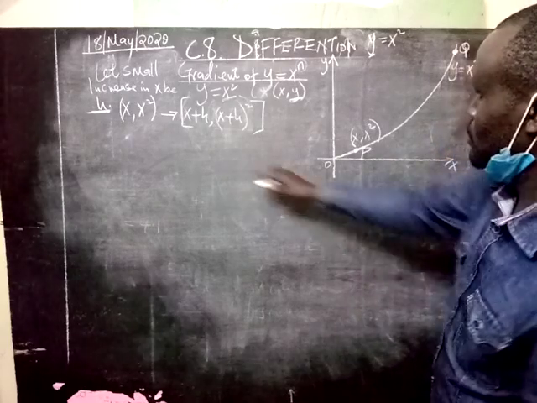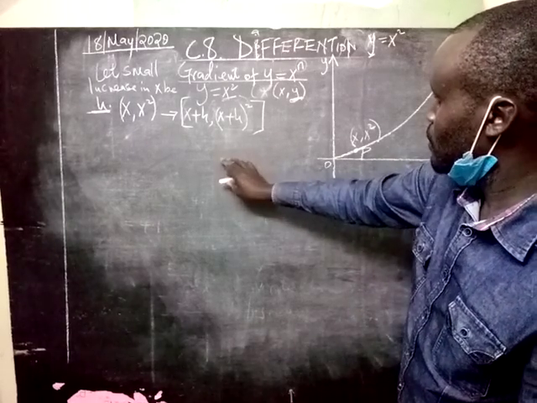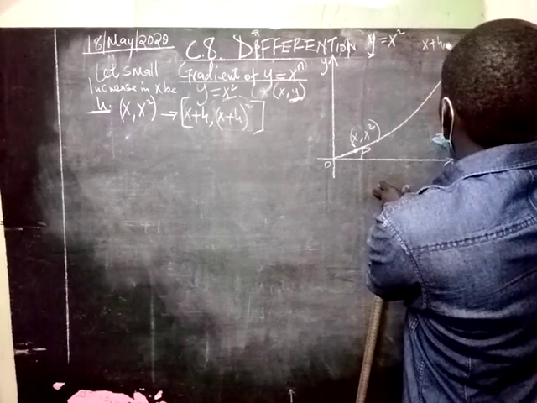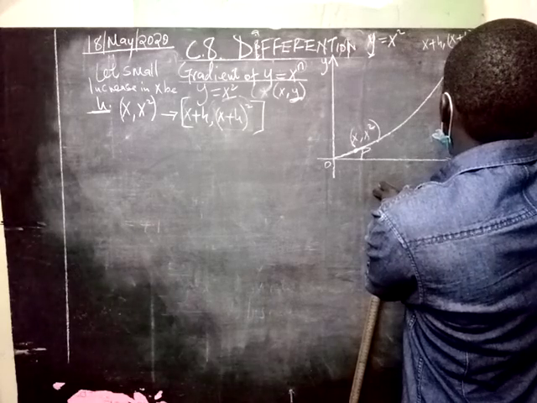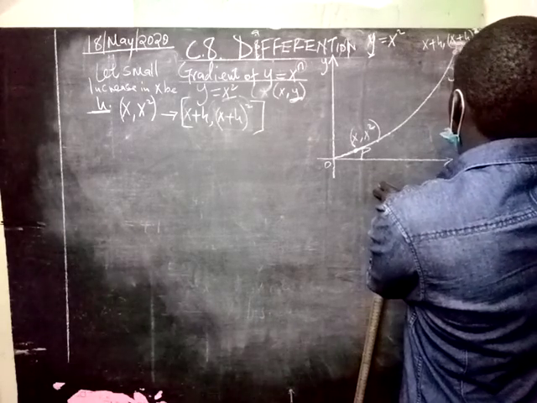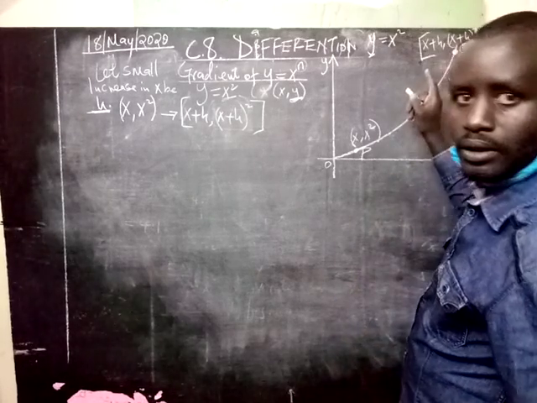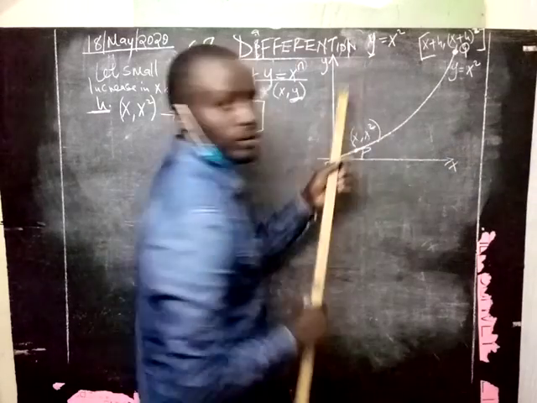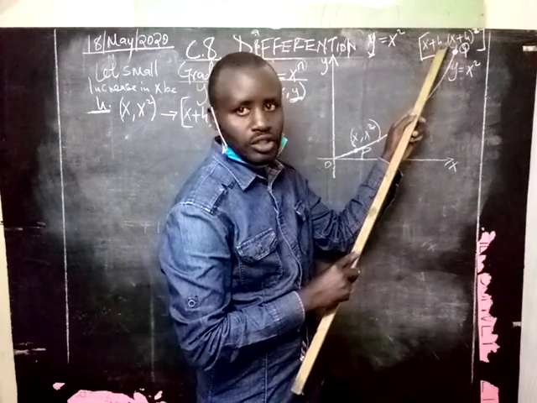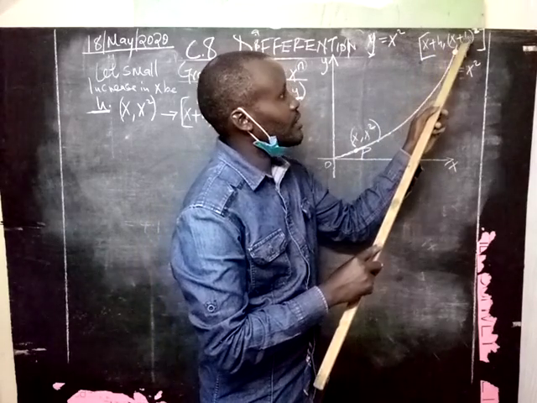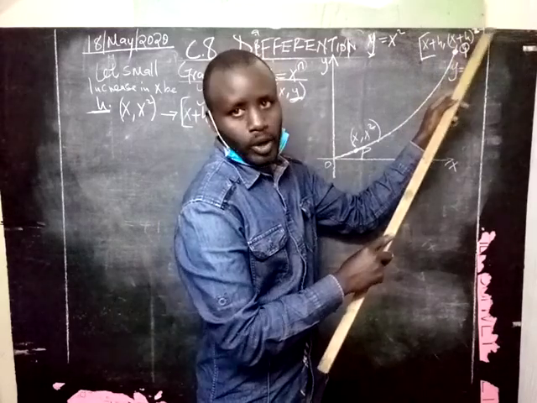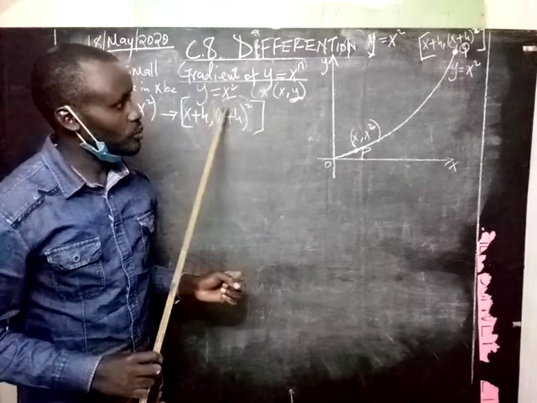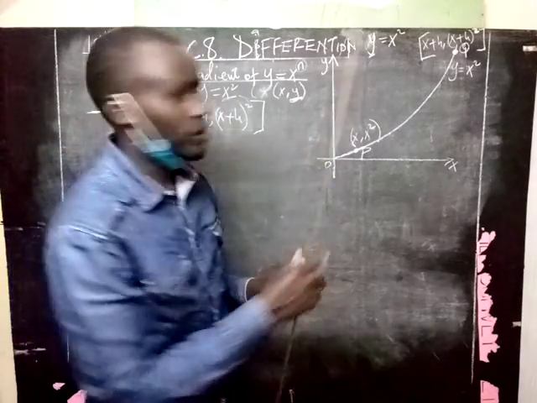So that our new point now is this one, where we have x plus h to (x plus h) squared. I hope you are seeing this. These are our new points. That is why we have x plus h to x plus h, then we close the brackets as we square, because all this, as I did explain earlier in these points. So we have the two points.